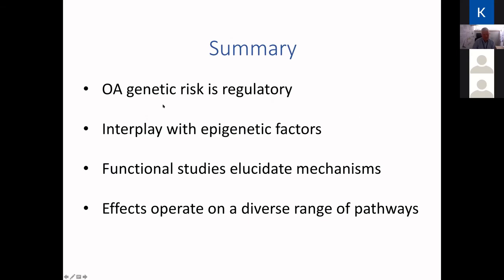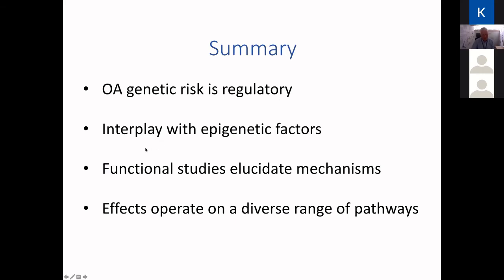So to summarize that, OA genetic risk is regulatory. What we don't tend to see very often are polymorphisms that correlate with amino acid substitutions. Instead, most osteoarthritis polymorphisms, those that are associated with the disease, correlate with regulatory elements. So they're in intergenic regions, in promoters, in untranslated regions of genes, in introns. They're not in protein coding sequences.